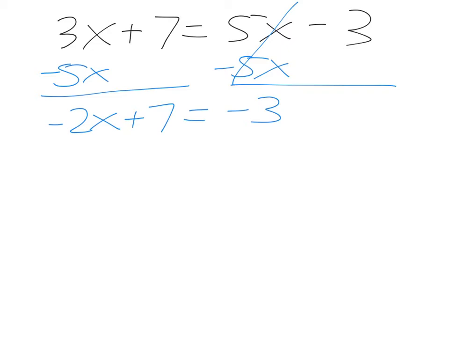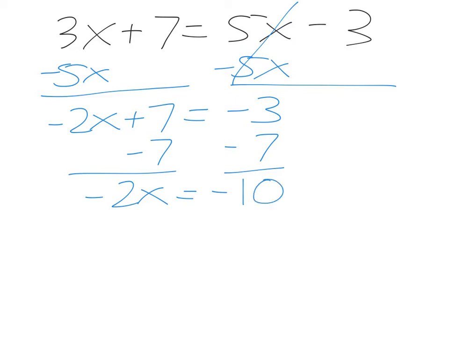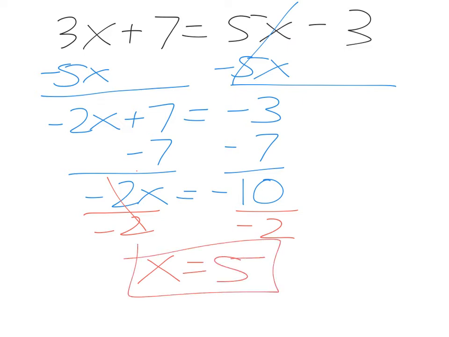Okay, now what? Subtract 7 from both sides, and I get negative 2x equals negative 10, and then I divide both sides by negative 2. And when I do that, I get x equals 5. But wait. Could I have started by subtracting 7 from both sides?